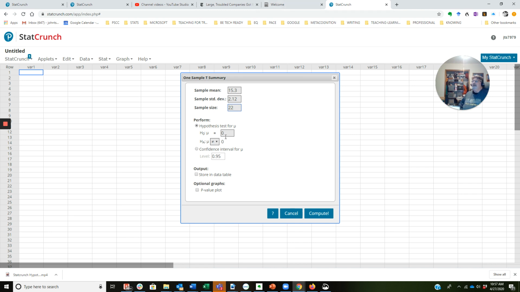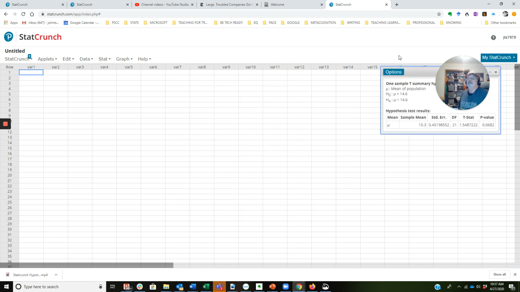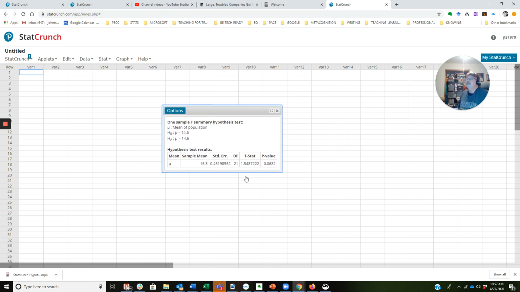So the hypothesis test for mean equal to 14.6 or greater than, which is down here. And when I click compute, I have 1.55 for my test statistic T and a p-value of 0.0682.